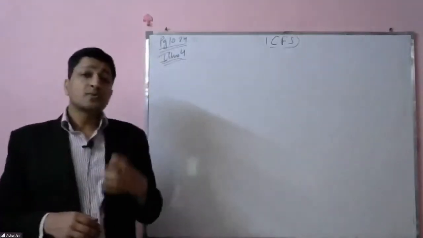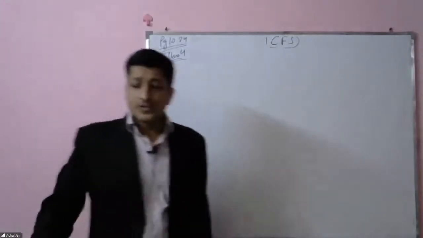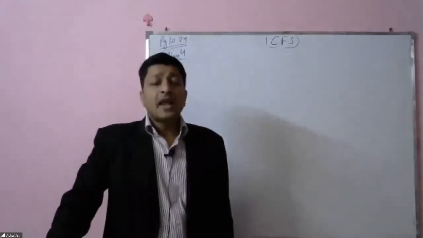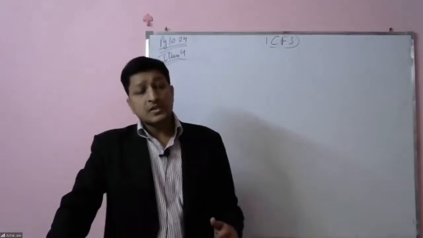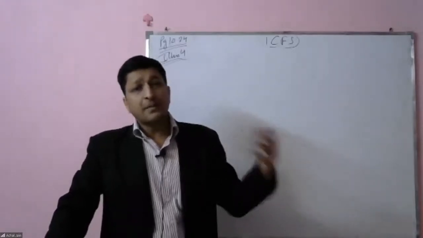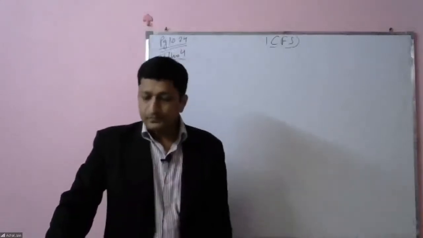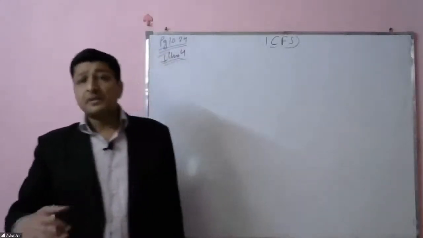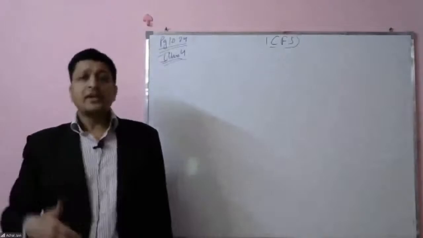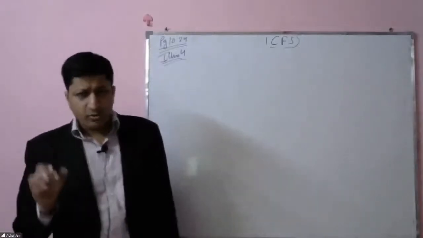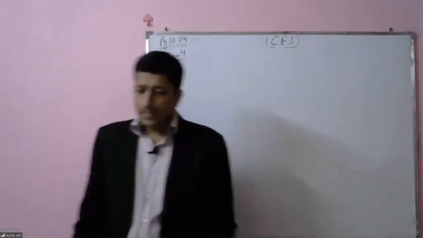It will stop absorbing any of the losses, and all of those losses will get transferred to the parent. Parent means majority shareholder. And we will understand this treatment in more detail by solving this. So let's go to illustration number 4 now.